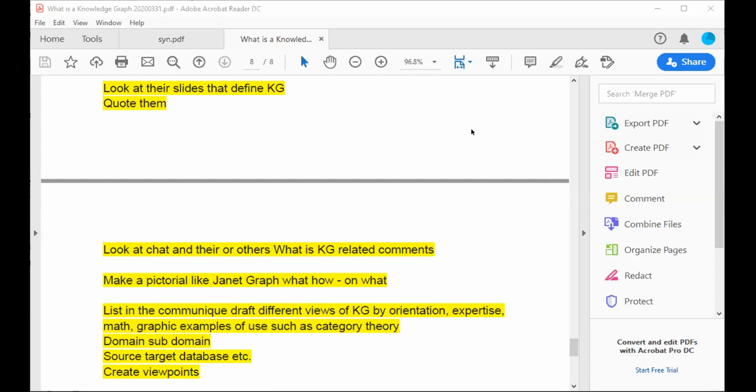And John mentioned something very interesting: people think visually, but when they try to compute, they map it into some computational purpose. So if you talk about graph structures visually, you have a visual representation of those. And then when you want to do some computation, you map that into an appropriate mathematical representation and do the computation. So there are a couple of levels of looking at the whole notion of knowledge graphs. That's my view. But from a communique perspective, I think we need to synthesize somehow what people have been saying.